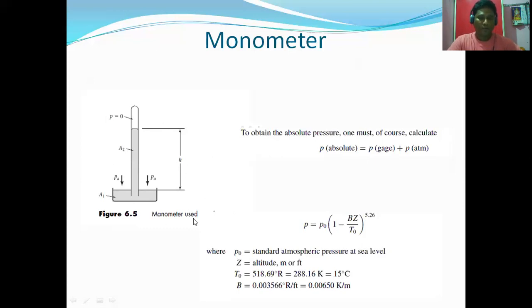Okay. Therefore, P is equal to P naught times (1 minus Bz divided by T0) to the power 5.26. Here, B is 0.00356 degrees Rankine per foot, and Z is altitude, that is in meters or feet. Okay, T naught is in Celsius, here 15 degrees Celsius.